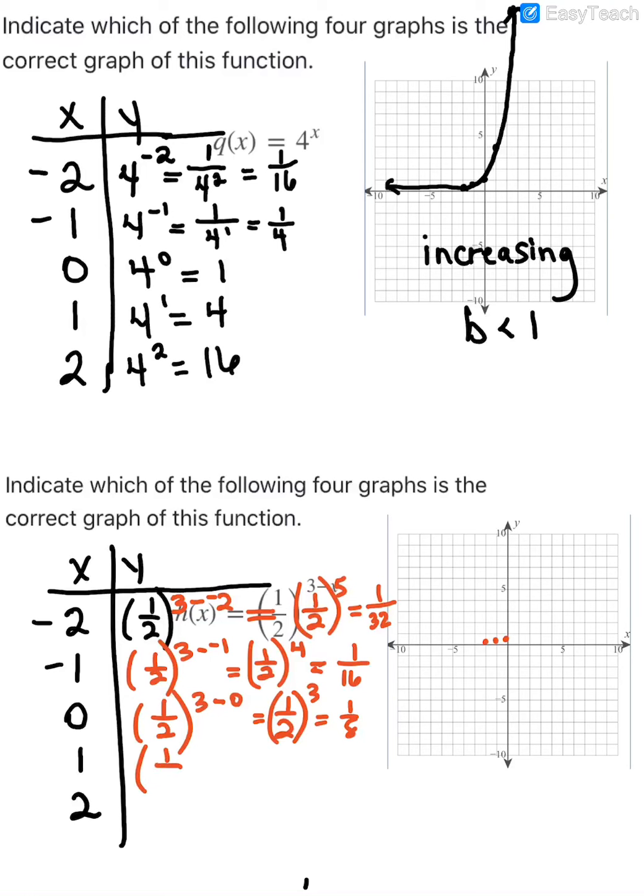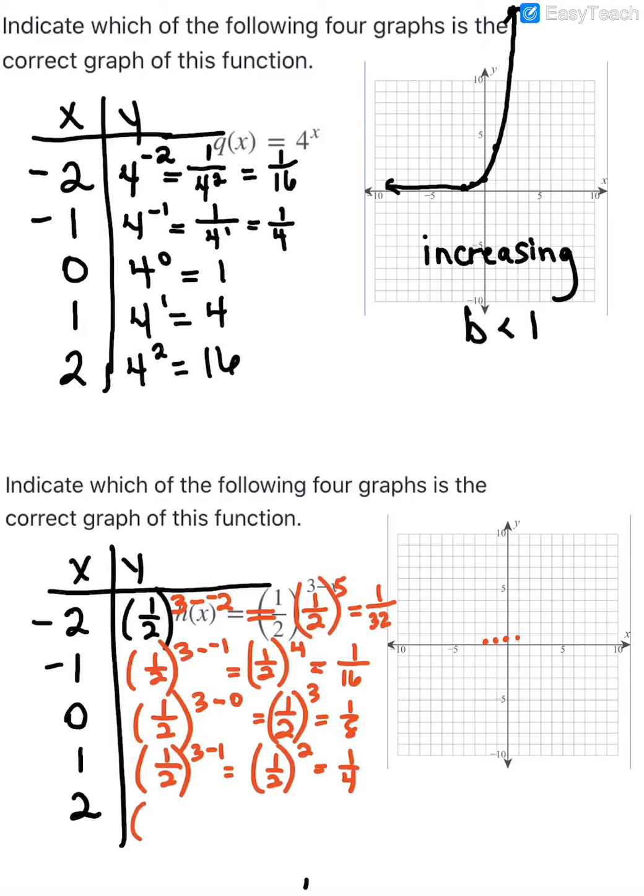When x is 1, I take my base of a half and I'm going to raise it to the power of 3 minus 1, which will leave me with a power of 2. So 1/2 squared would give me 1/4. And again, it's so hard to show those little values. I look like I'm way more than a fourth, but you get the picture that they're still getting a little bit bigger.